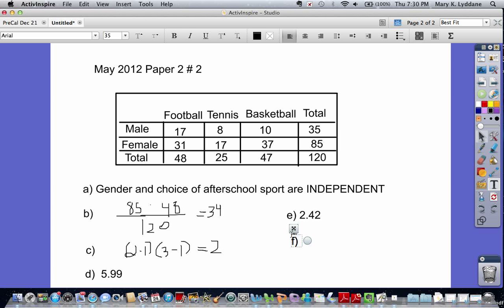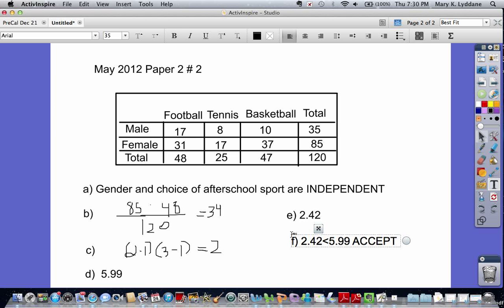In part F, we're going to decide whether or not the null hypothesis should be accepted. So there's a couple of things that you're going to want to talk about. First of all, since the value that you calculated, 2.42, is less than the critical value, which is 5.99, you want to accept the null hypothesis.